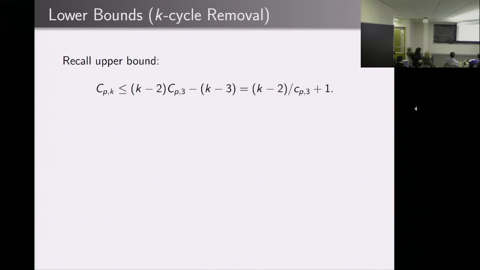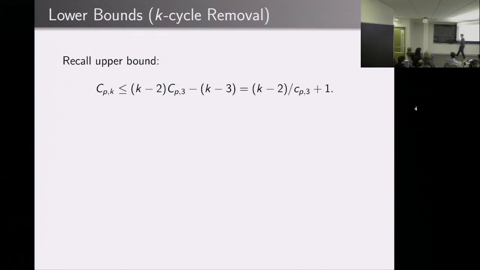So recall that this is the upper bound that we have. And in terms of CP3, it's what we have here. And I should have mentioned this earlier: if you analyze it asymptotically, CP3 is roughly some constant times log p.